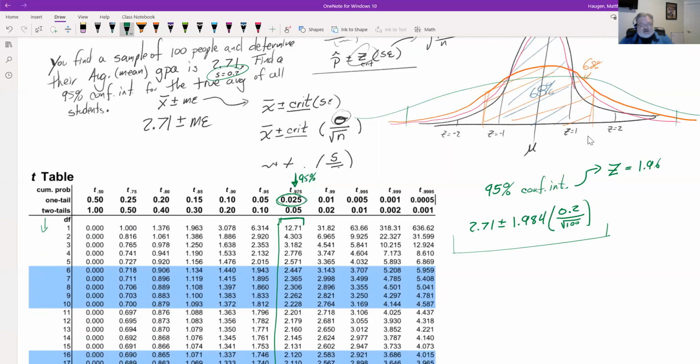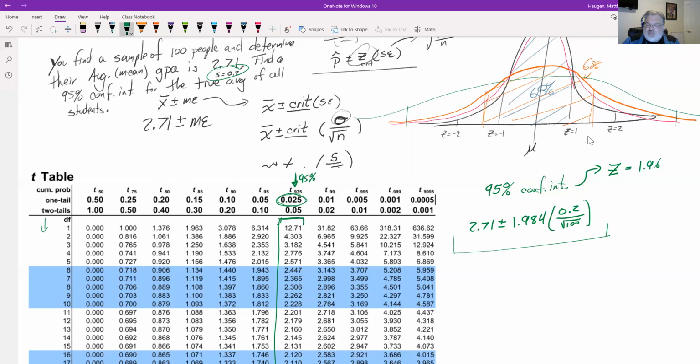So when we talk about doing confidence intervals for means, the only real difference is this issue of having to use t-scores instead of z-scores. Again, what do the t-scores do? They allow more room because of the error of using the sample standard deviation.